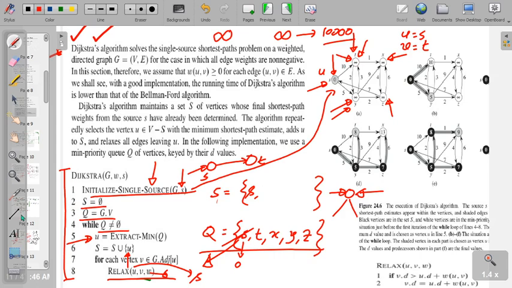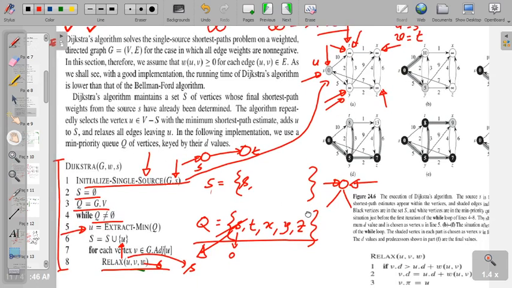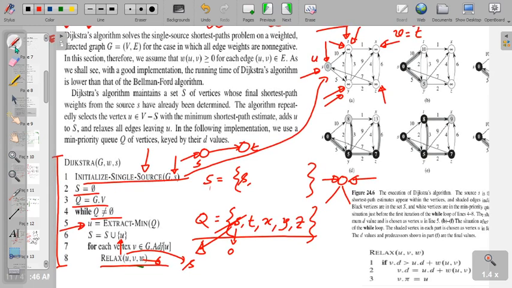What I have to do is check this condition: V dot D is greater than U dot D plus W of UV. What is U dot D? U is S, S dot D is 0. Plus, what is WUV? 10. So that is 10. And what was V dot D? It was a large cost.